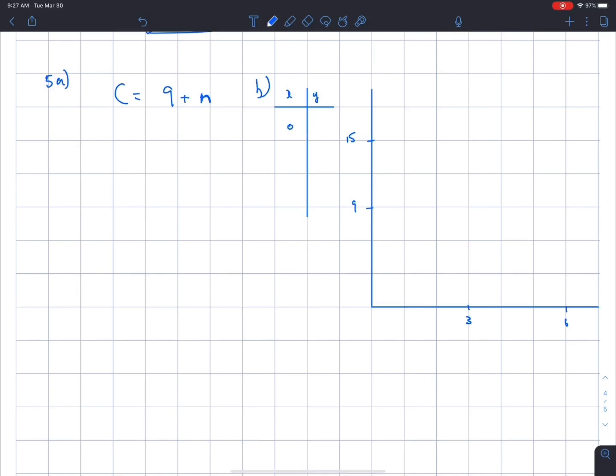So I can use 0, 3, 6. I'm using these points once again because these are the numbers I can see on the graph.